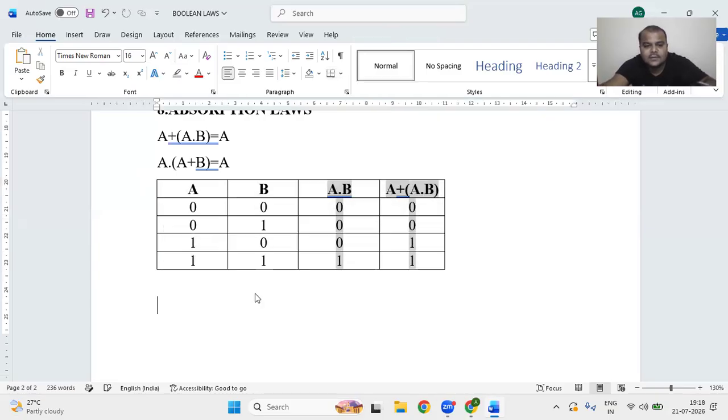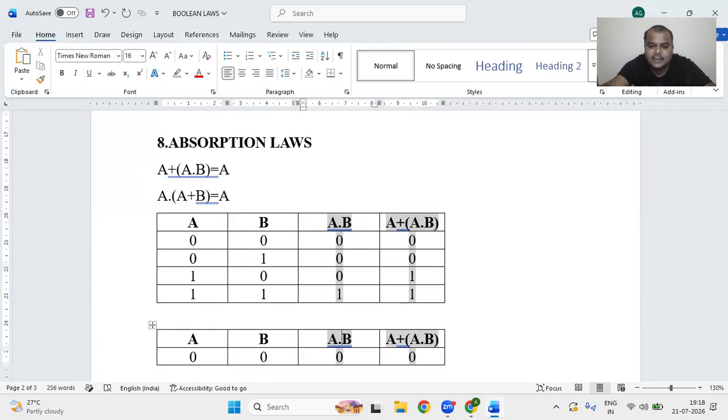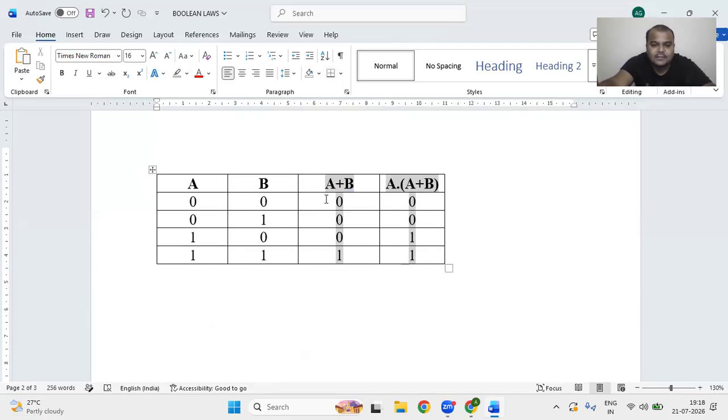The second property says A into A plus B. Right? I hope it is understood. Based on that, I'm writing. I don't want to delete.